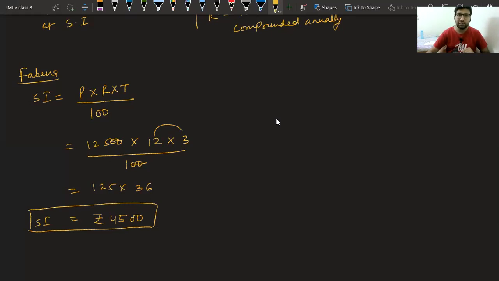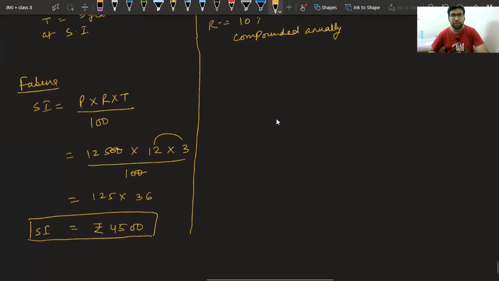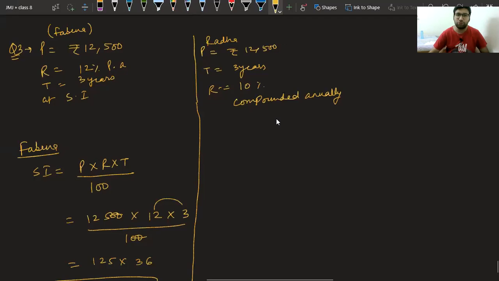Now let us see the case of Radha, how much money she will have to pay. Thank you, Harshul. Now amount is given by P into 1 plus R upon 100, power n. And we know in the case of compounding annually, we don't change anything.